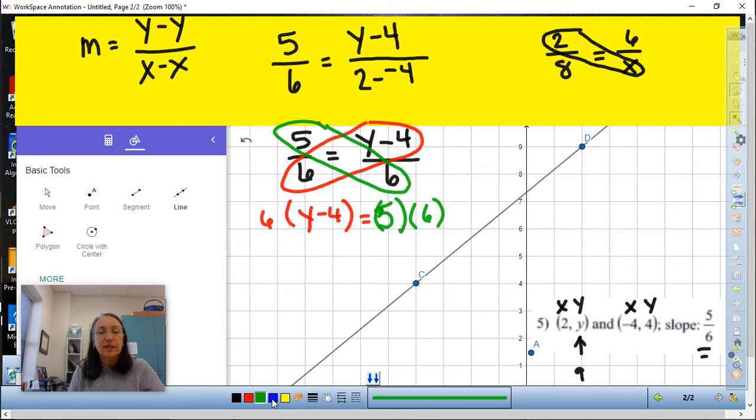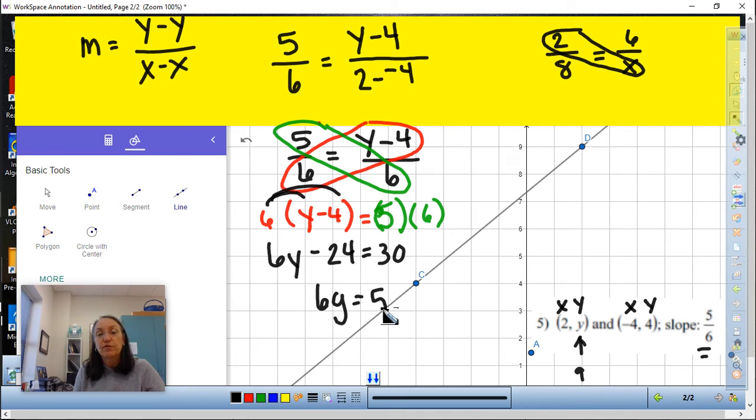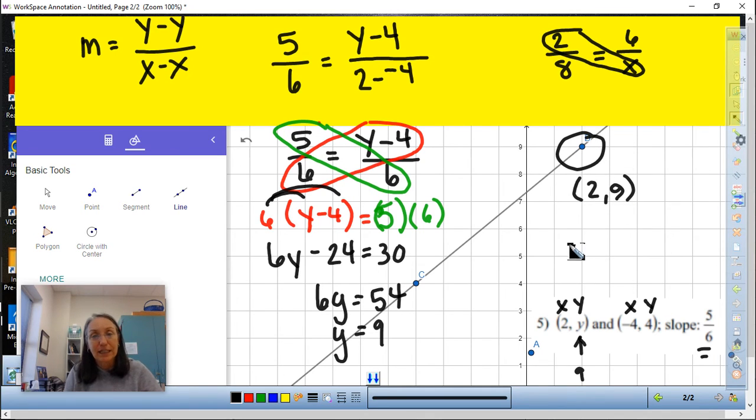And then let's simplify this. I'm going to distribute and get 6y minus 24 is equal to 30. Move the 24 over, and I get 6y is equal to 54. And y, of course, is equal to 9. And that's exactly what I found when I did it graphically.